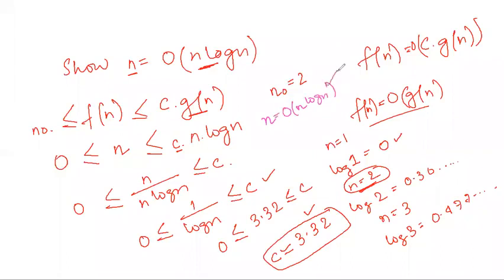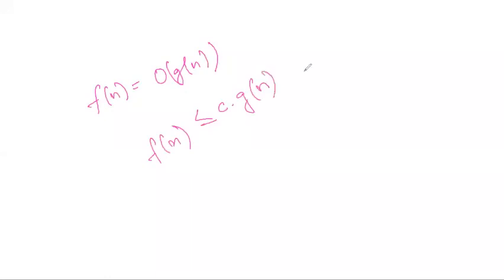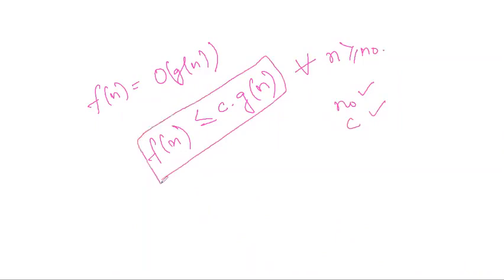Why can we express n as order of n log n? Because we just studied that if we want to express a function as order of g(n), we can do that if I can prove that f(n) is less than or equal to g(n) for n greater than or equal to n0, where I can find the value of n0 and the value of C. When I solved the sum, the sum was given as: show n equals order of n log n.